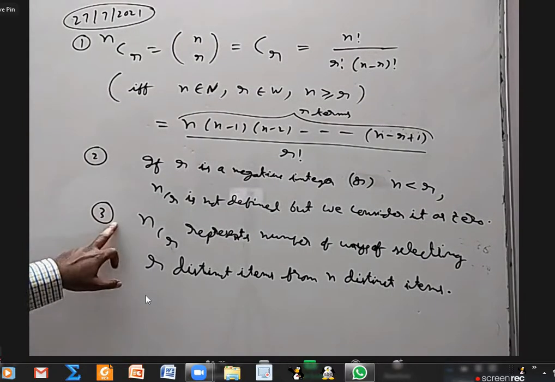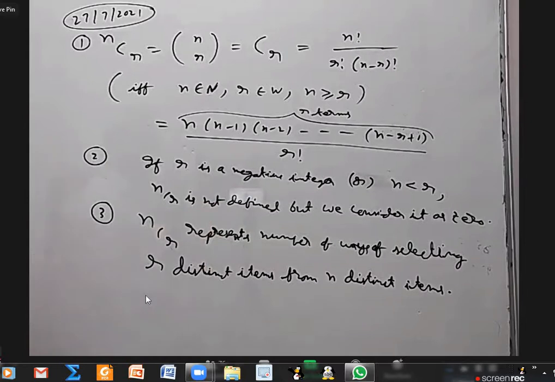Okay, this is what we'll study in the next chapter, permutation and combination. I'll give one or two examples for this, but you just write this.